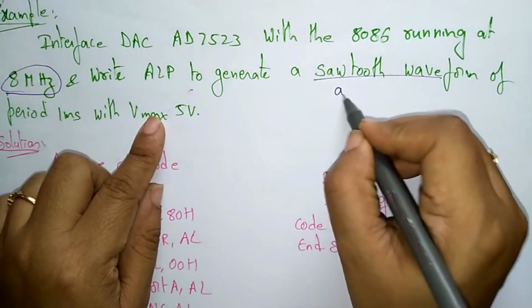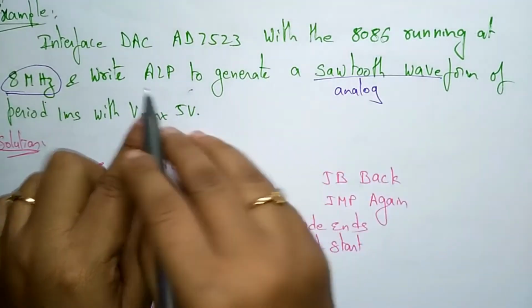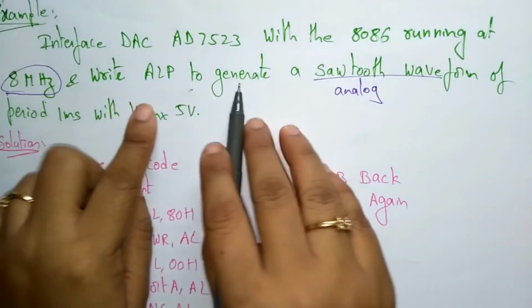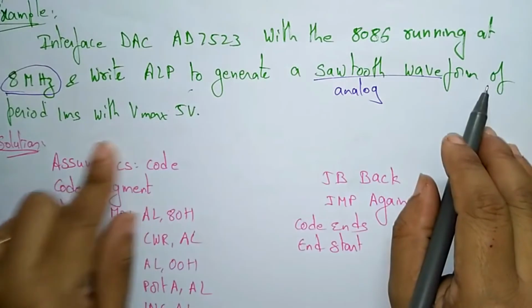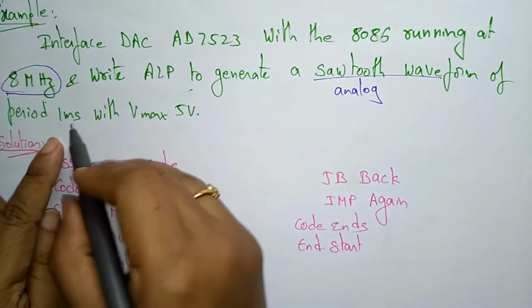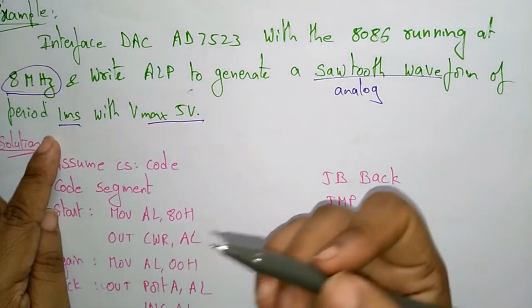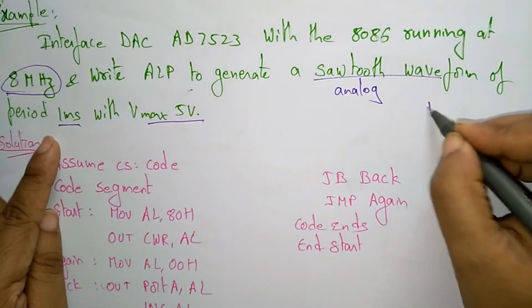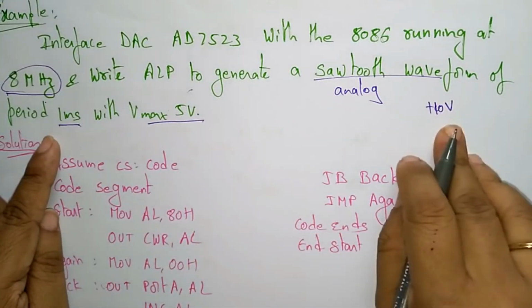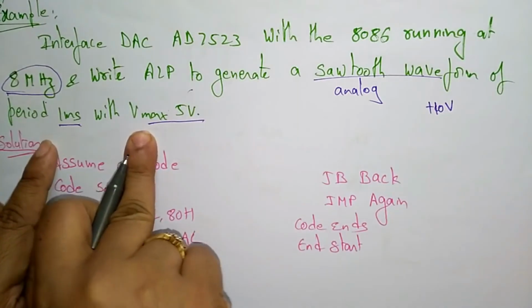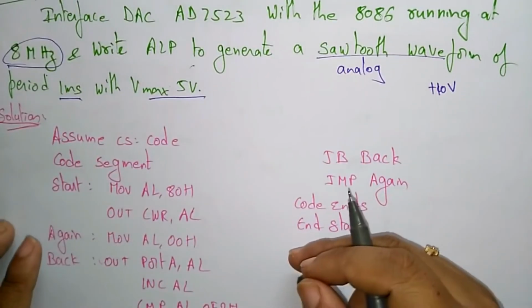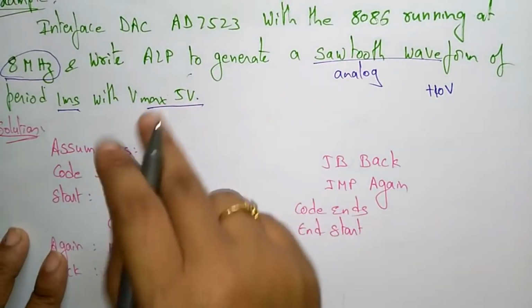We take digital data and generate a sawtooth waveform with a period delay of 1 millisecond and a maximum voltage of 5 volts. Earlier I said the maximum voltage generated will be plus 10 volts, but now we are giving only 5 volts. So for that we have to write the program.